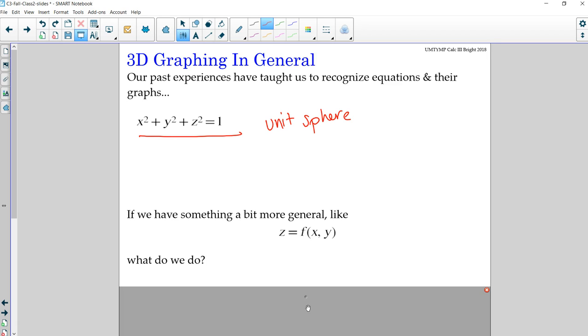What we can do is recognize that z is really just a height, and then x and y determine where we are on a plane. So here's an idea: can we fix a height?